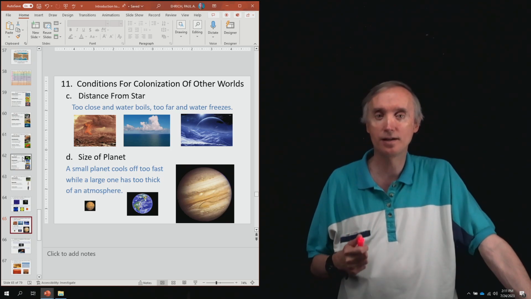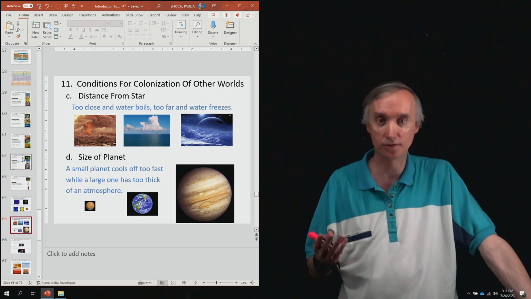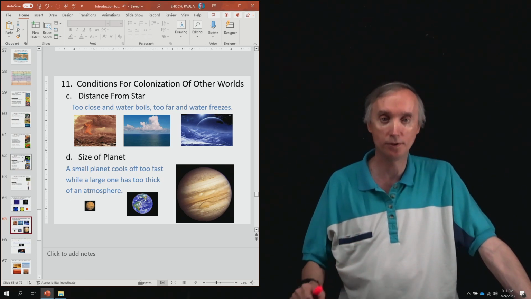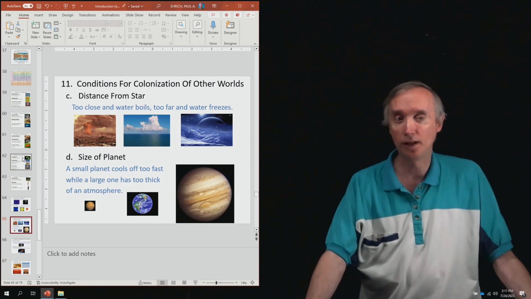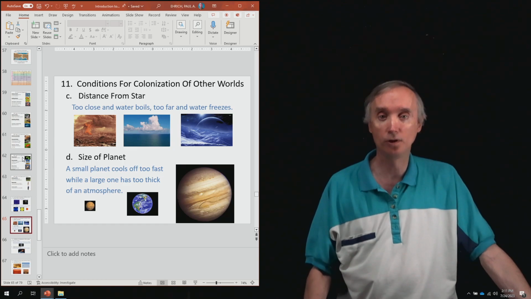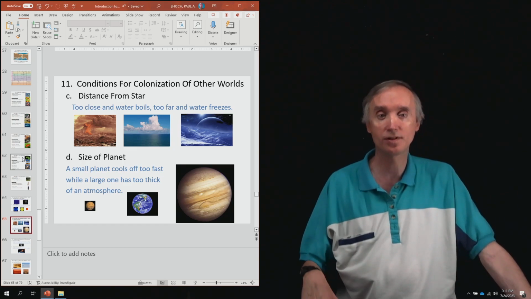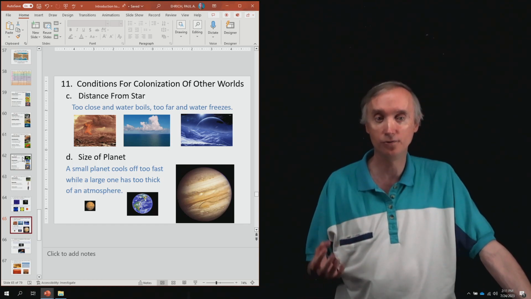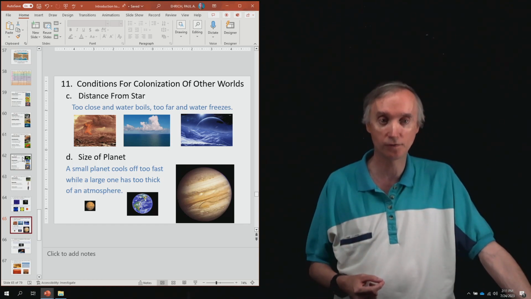What about the size of the planet that is in orbit around this star? So we don't want it to be too big and we don't want it to be too small. So if the planet is too small, then it's going to cool off rapidly, which means it might lose its plate tectonics, which means it might lose its ability to produce an atmosphere.